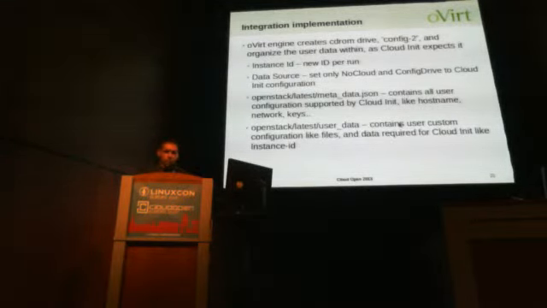Other stuff that we had to do is to create the specific CD-ROM drive. The name has to be config-2, and we organize all the information inside the CD-ROM in a way Cloud-Init will read. There is some stuff that oVirt does in addition to actually configure Cloud-Init to work as we expect. So first, Cloud-Init has something that we call instance ID. Basically, every configuration has an ID in order for Cloud-Init to know that it already ran.